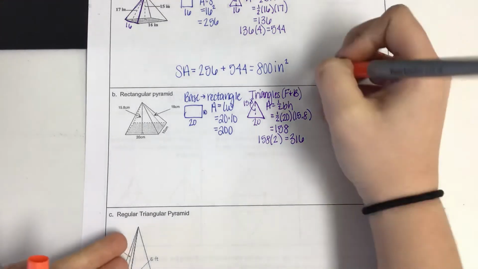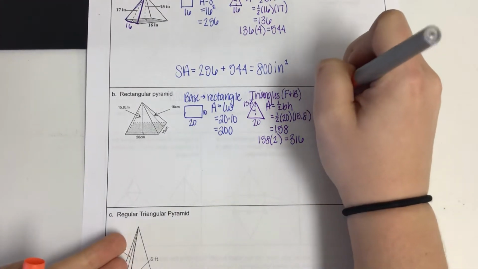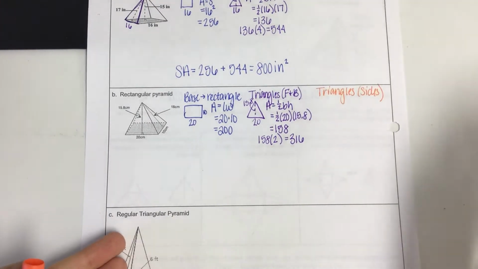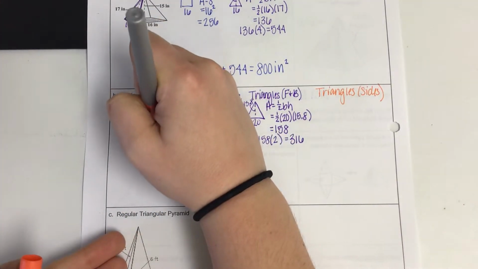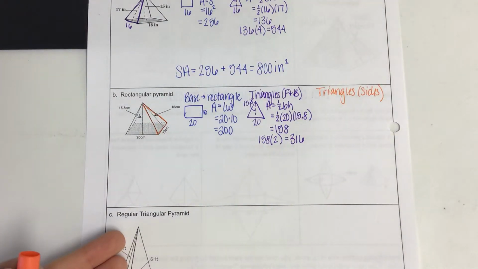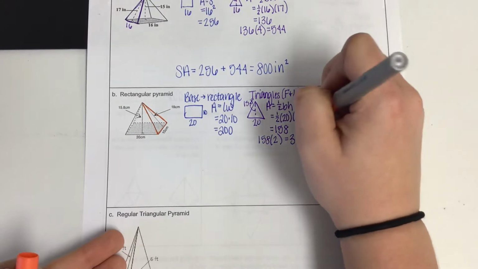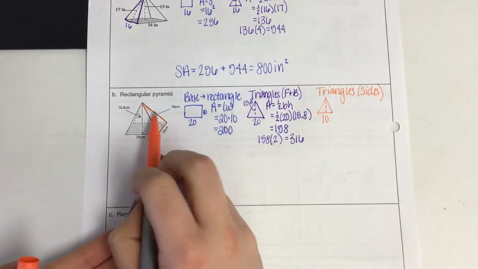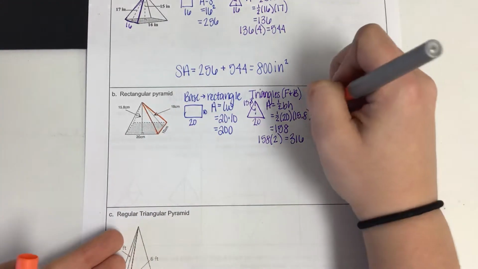Now we need to look at our side triangles. My side triangles are the ones over here on the right. For this triangle, we have a base of 10 with a height of 18.